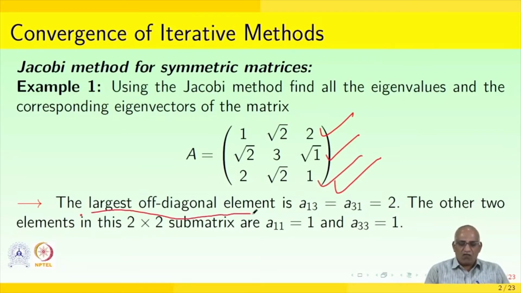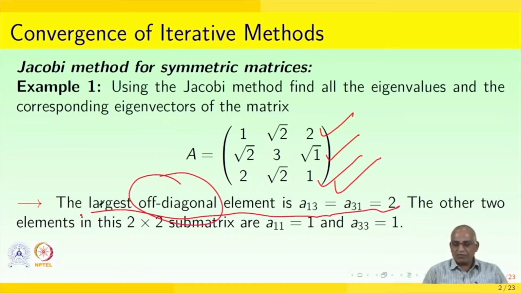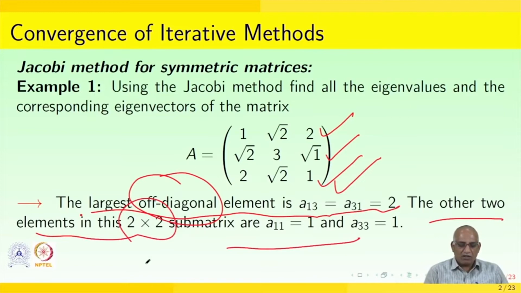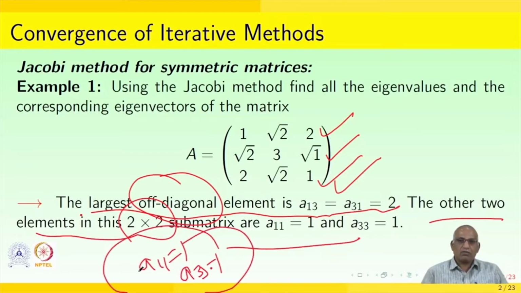The largest off diagonal element is A13 or A31. The other two elements, in this 2 by 2 submatrix, are A11 equal to 1 and A33 equal to 1.